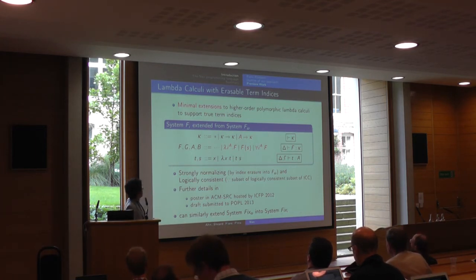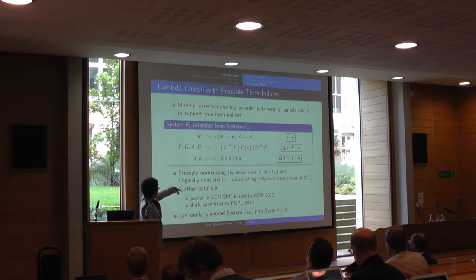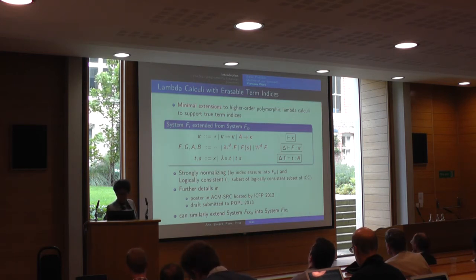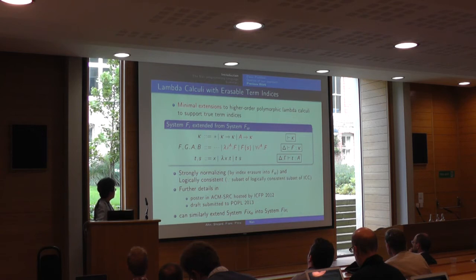You extend the kind arrows so you can stick types in there, and that allows abstraction over indices, and I is just a special case of X, and you can apply type constructors to indices, and you can have for all indices. And we proved good properties about this, and for the details you either have a draft, or you'll also have a poster in there if you're coming to Copenhagen.